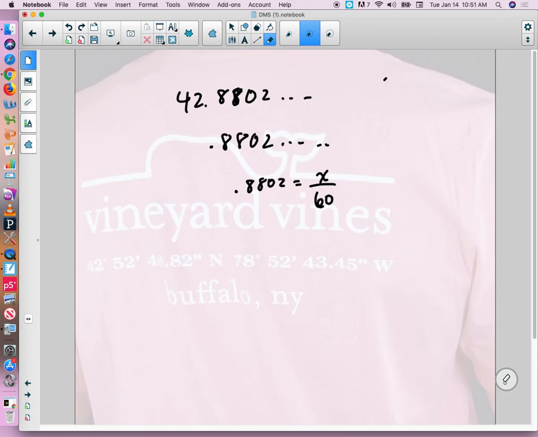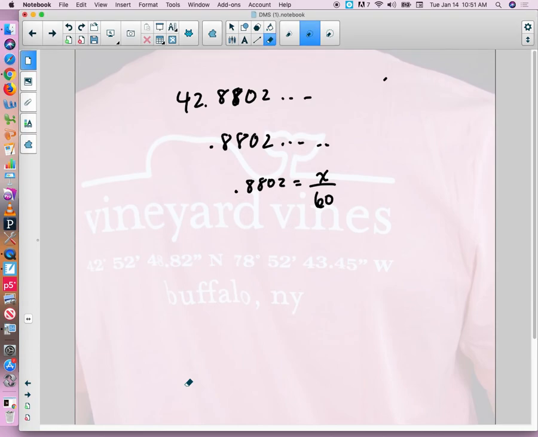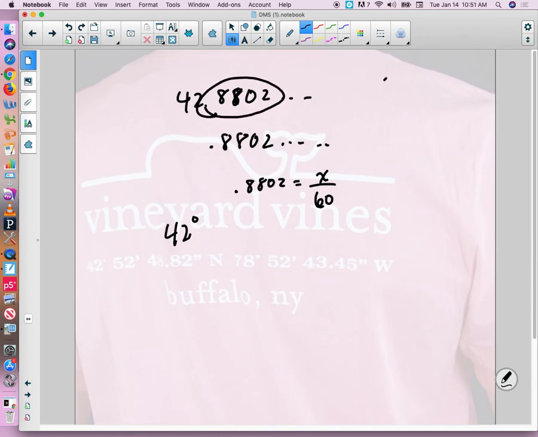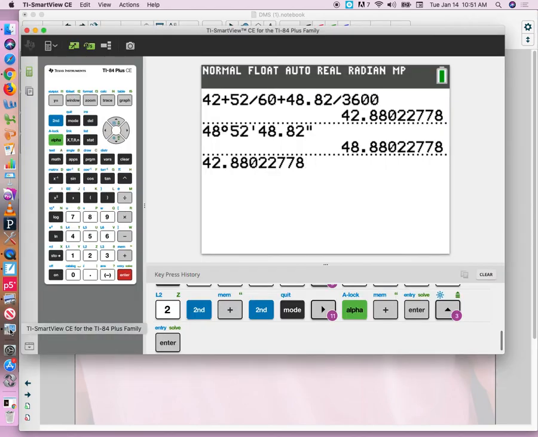So somebody take this long, or I'll do it. What I'm going to do on my calculator is get rid of the 42 because I'm already writing this down. Hang on just a second, Nicole. I'm going to have 42 degrees. And girls, I'm trying to change this into minutes and seconds. So I'm going to get rid of the 42 because I don't really want that in there.